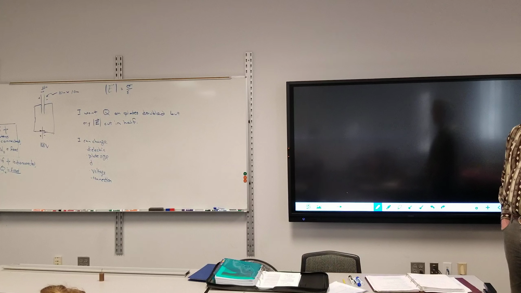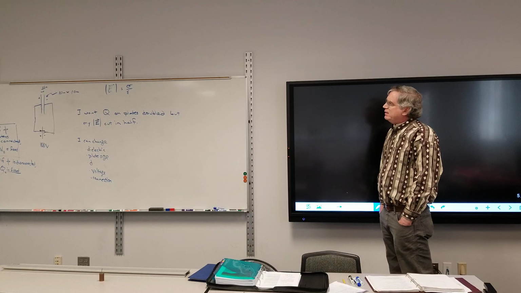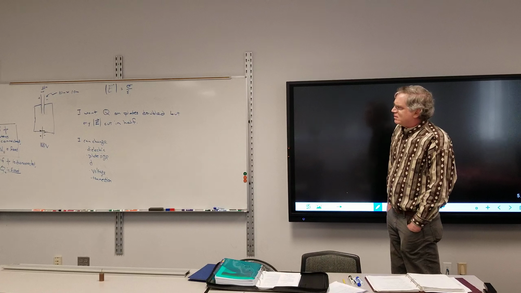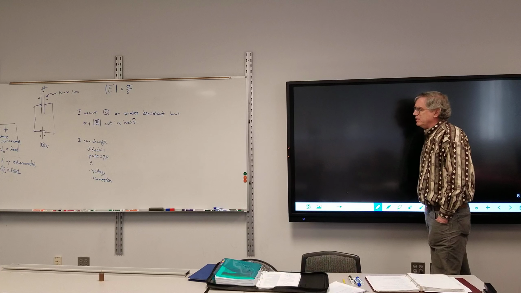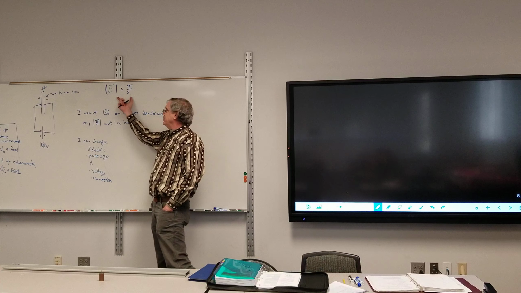I don't necessarily need to disconnect, but find out. Because the distance between them is so significantly smaller than either dimension of the plate, I can use my infinite plate approximation for my electric field.